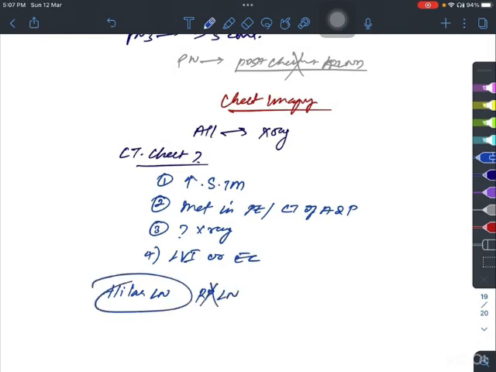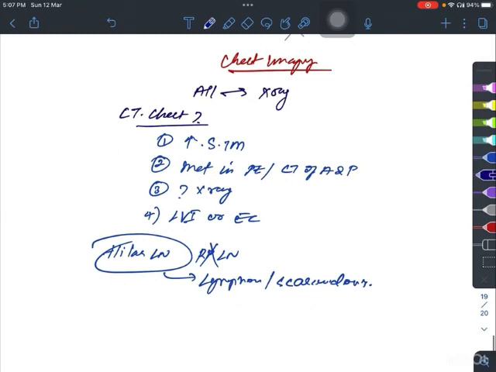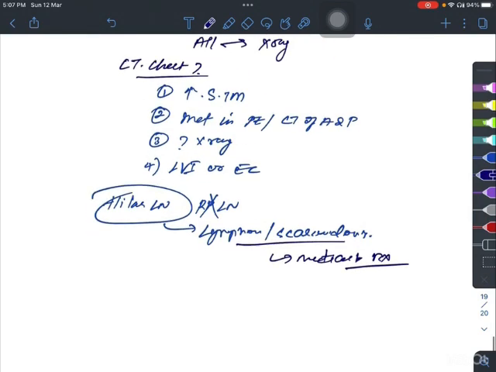At this stage, the other differential diagnoses of metastatic testicular carcinoma are taken into consideration. These differential diagnoses are lymphoma or sarcoidosis. In these cases, we should do a mediastinoscopic biopsy to rule out germ cell carcinoma.